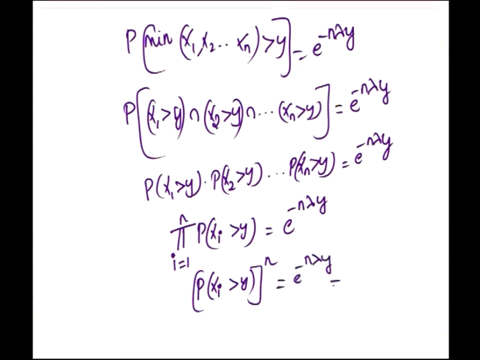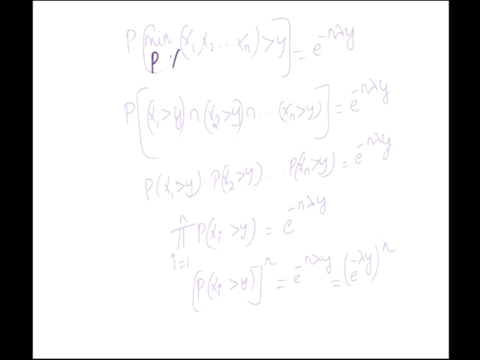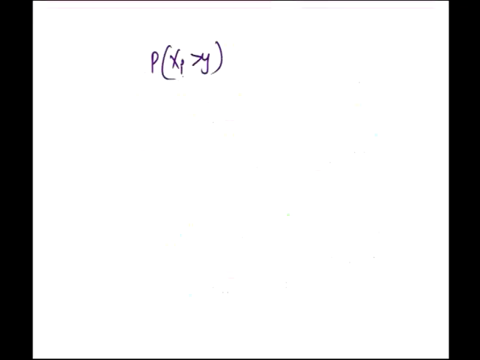E power minus n lambda y is written as e power minus lambda y whole power n. Just cancelling the power on both sides, or raising to the power 1 by n on both sides, we have P of Xi greater than y is equal to e power minus lambda y.